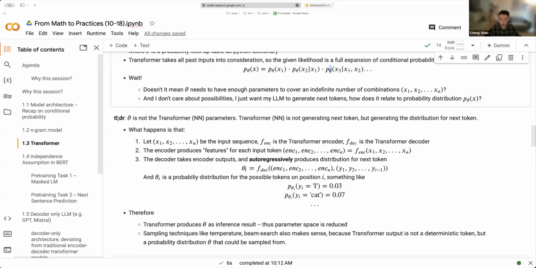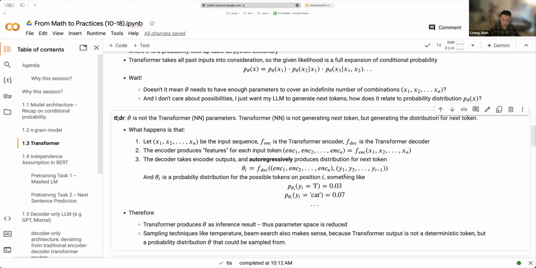So theta, the parameters to define the likelihood, is actually just the logits output from the last layer of the decoder, and we can use it directly to sample next tokens. What the transformer does is learn how to take all the previous inputs and existing outputs and use them to predict the distribution of the next token.